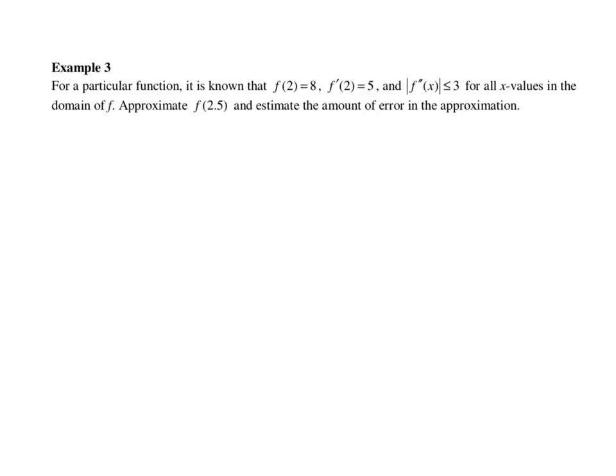That Taylor polynomial will be f of x is approximately equal to 8 plus 5 times x minus 2. Then approximating the function at 2.5 is going to yield 8 plus 5 times 2.5 minus 2, which is 10.5.